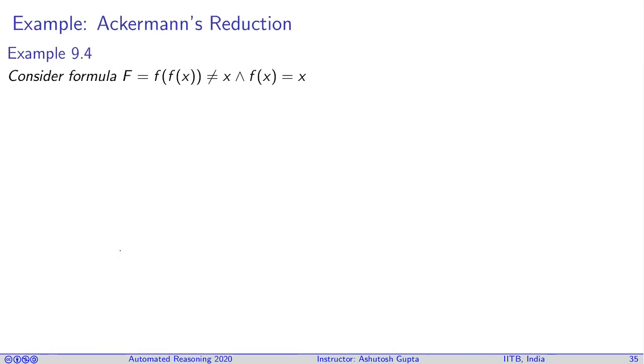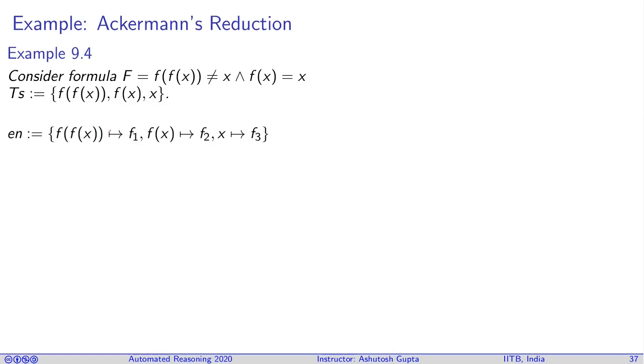Let's look at a simple example which makes it very clear how this algorithm proceeds. You have one disequality and one equality. First we collect all the terms that appear. You have these three terms, and we map them into three fresh symbols, call them f1, f2 and f3.